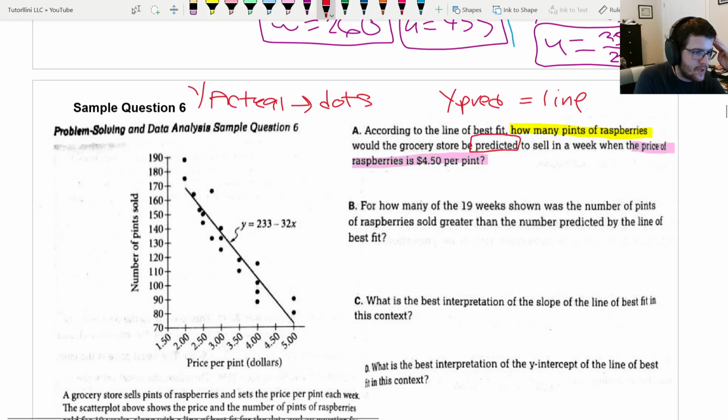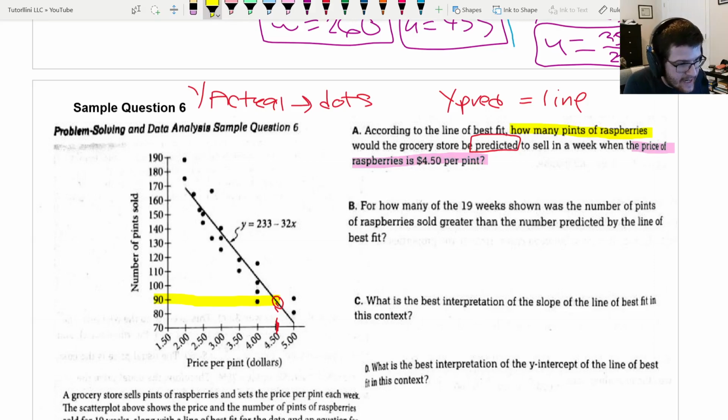Okay, so it says a price of $4.50 per pint. So that's here. And you see there is no dot there, so there's no way for us to get confused. But if there was a dot, we don't care about the dot. We want to go to the line because the question says predicted. So we're going to go right there, and then we just read it across. Seems like it's about 90.